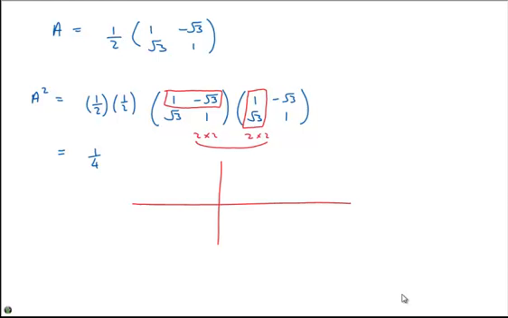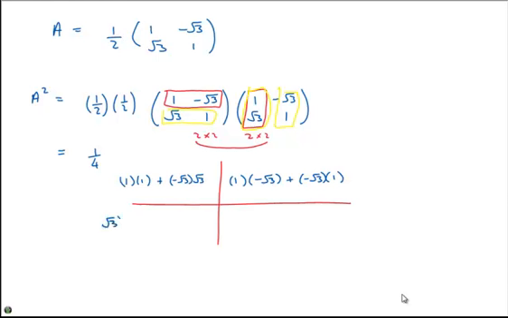So it'll be, sorry, row by column. So 1 multiplied by 1 plus minus root 3 times root 3. Then it'll be 1 multiplied by minus root 3 added to minus root 3 multiplied by 1. And now you're down, I'll put the second set of multiplication in yellow. It'll go root 3 by that first of all, and then the second row by that.